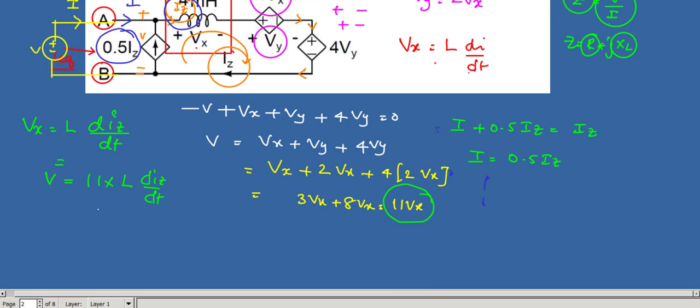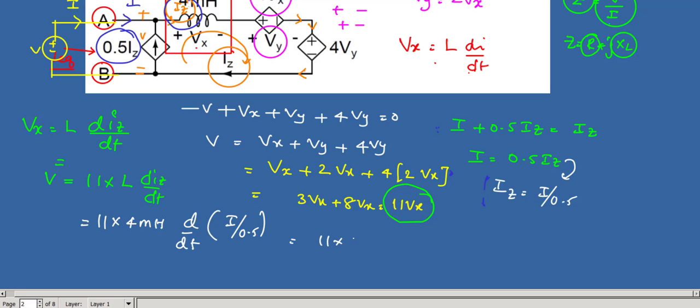And you can clearly observe 11 into 4 millihenry, where from this equation Iz equals I by 0.5. So you can see d by dt of Iz, which is I by 0.5. So 11 into 4 millihenry over 0.5 into di by dt. So V equals L equivalent into di by dt, and I get the equation. What is this L equivalent?